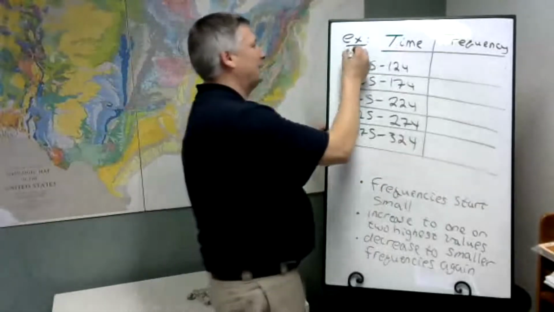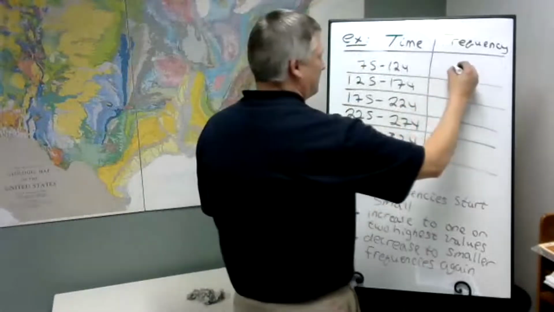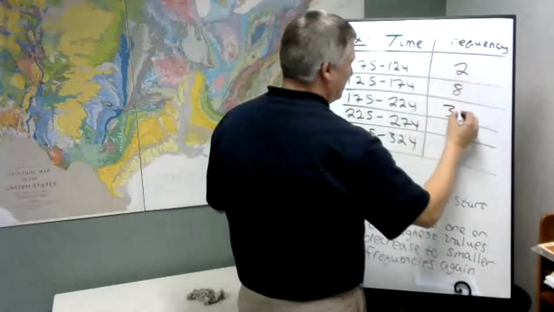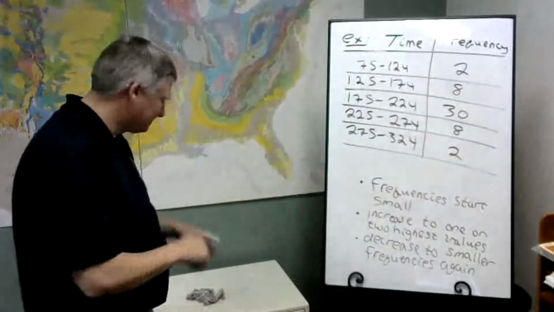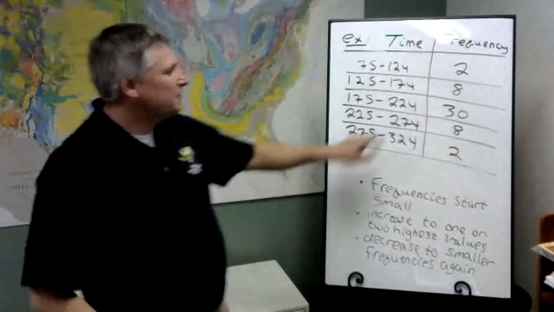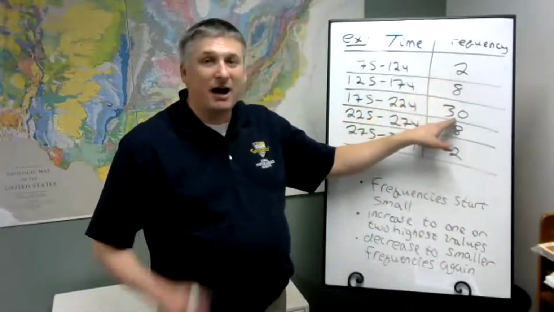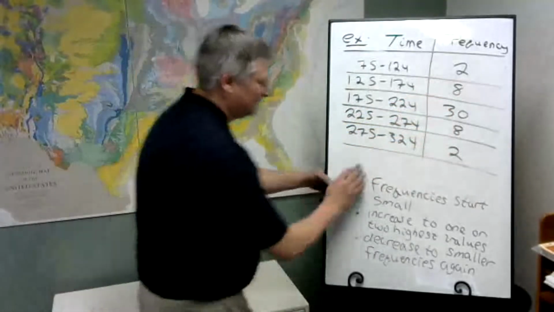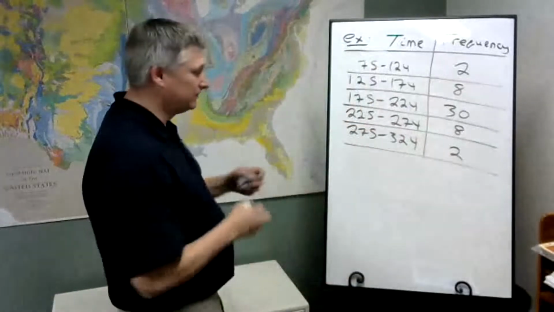Let's say we have 2, 8, 30, 8, and 2. So what we see is we start out small, then we're increasing, and then we hit a high frequency, and then we're decreasing again. So this would be approximately normal.